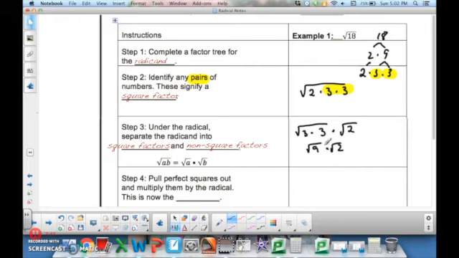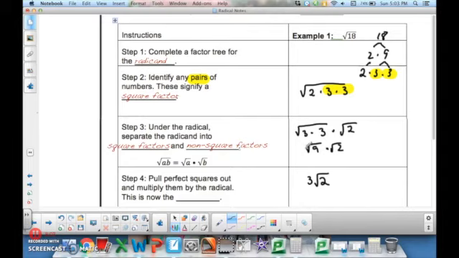You can take the square root of this 9 and it's going to equal 3. It's not a coincidence that it equals the number that it's made up of here. If you've got 3 times 3, then the square root of that is just a single 3. So I'm pulling those perfect squares out and I'm going to multiply them by the remaining radical. So my remaining radical is 2. Now this is essentially a coefficient of this square root.